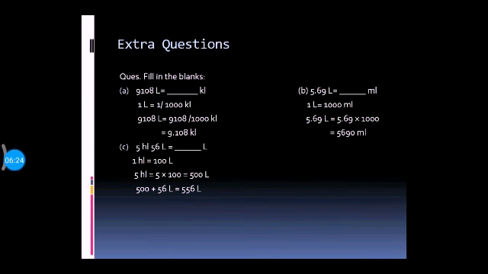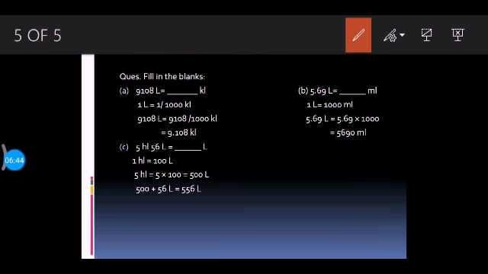Extra questions are there. Here you have to convert liter into kiloliter. That means you have to convert from smaller to bigger unit. That means you have to divide. So from liter, that is our base unit, to kiloliter, you can see from liter to kiloliter, King Henry died uncle.